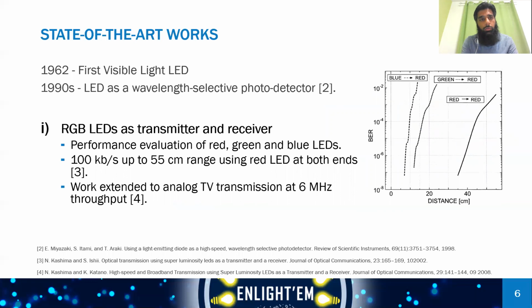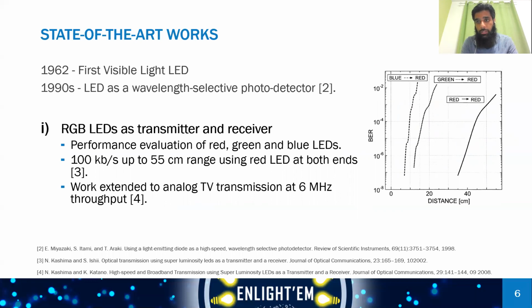If we go to the history, in 1962 the first visible light LED was produced, and from that time there has been a gradual development, producing LEDs of different colors and different power. In the 1990s, the use of LED as a wavelength selective photodetector was explored.